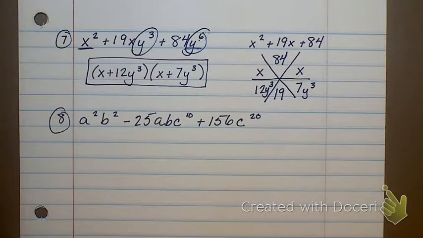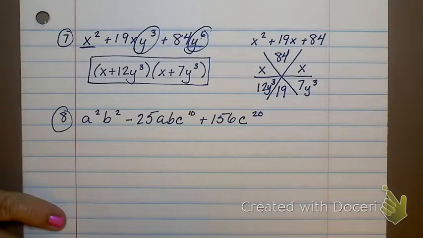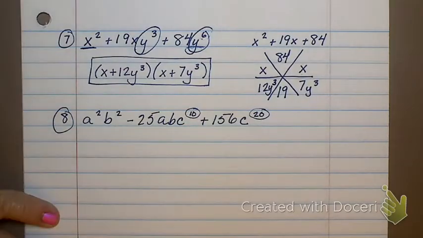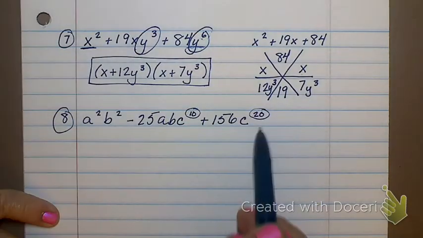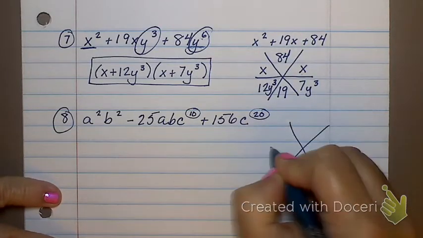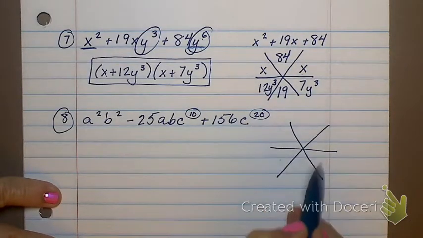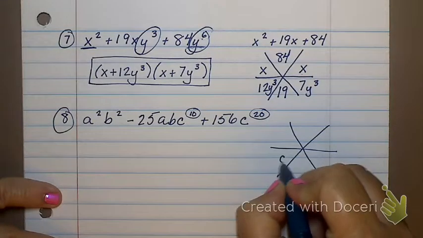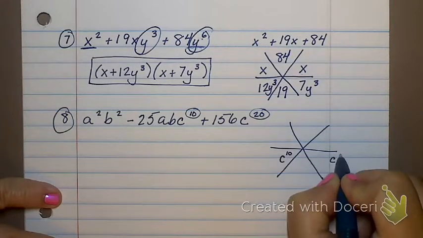Okay, so one thing I see is I see this. Do you see that? That fits the same pattern. So I know that whatever I'm putting into my snowflake, I'm going to have c to the 10th and c to the 10th here. Right? C to the 10th and c to the 10th.